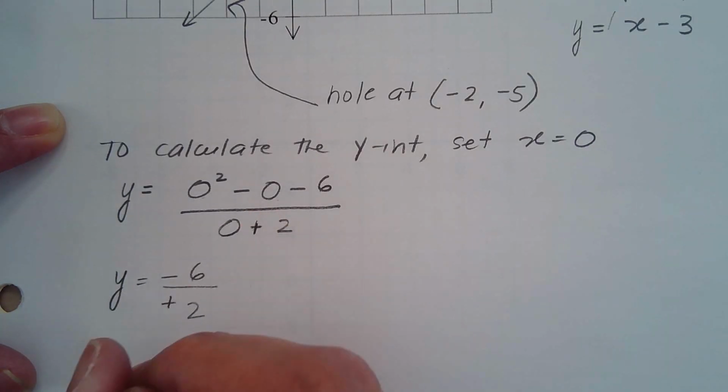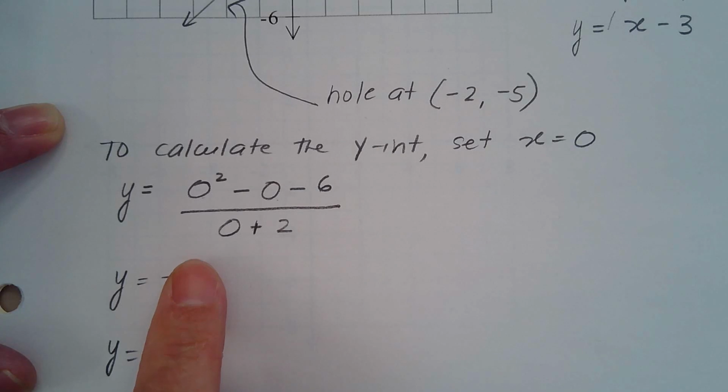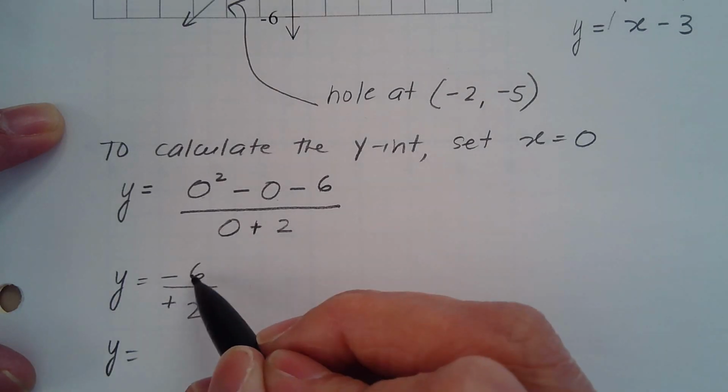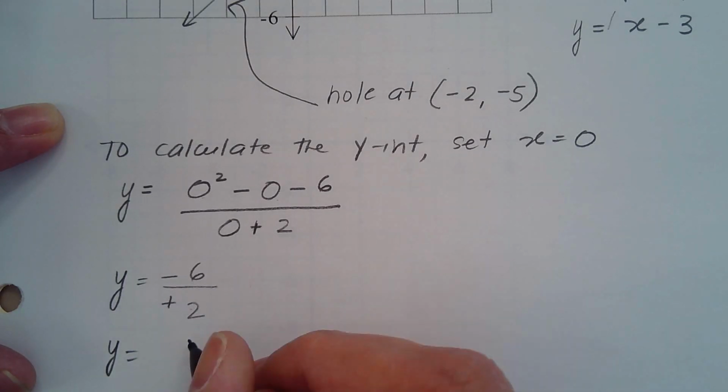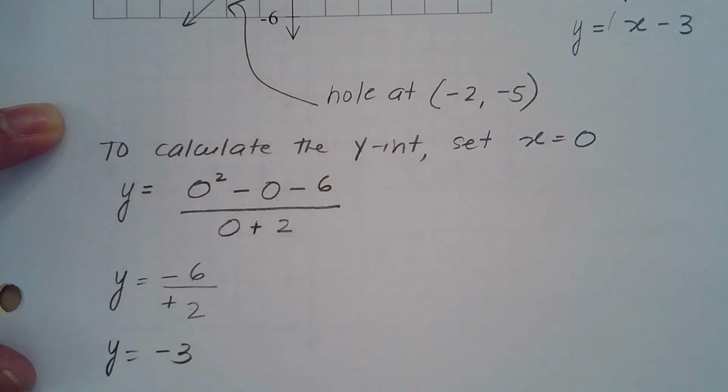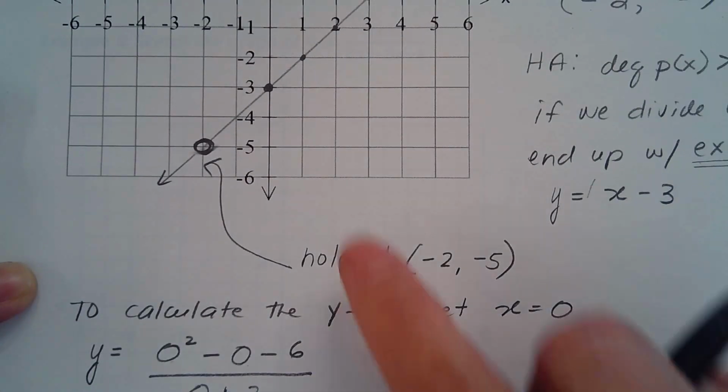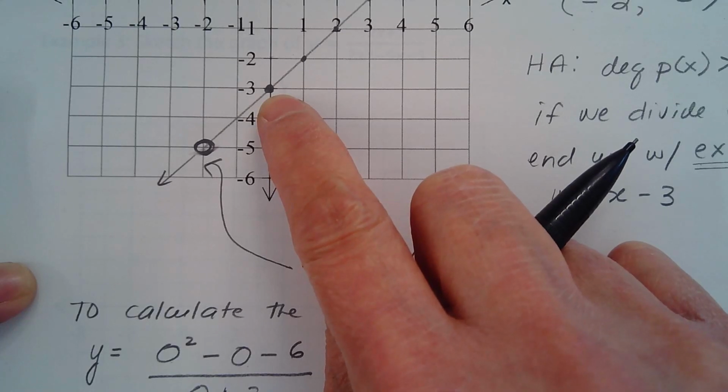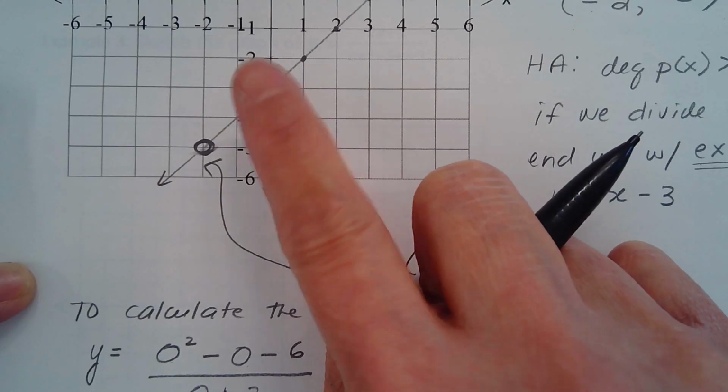Oh, yes, it's plus 2, thank you. I was thinking, uh-oh, it's not matching. Negative 6 divided by plus 2 is negative 3. And does it look like negative 3 there? Yeah, it is. So that's the y-intercept.